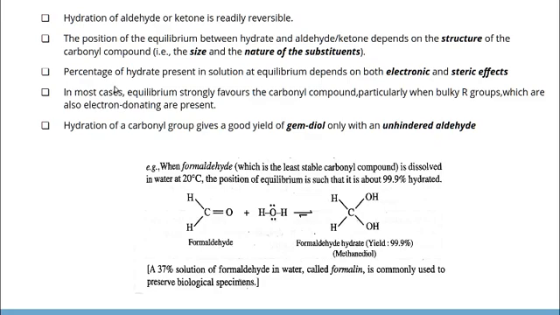So the percentage of hydrate present in solution at equilibrium depends on both electronic and steric effects. In most cases, equilibrium strongly favors the carbonyl compound, particularly when bulky R groups which are also electron donating are present.